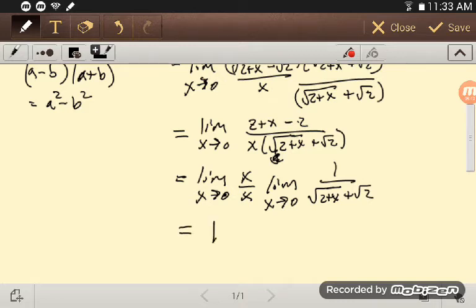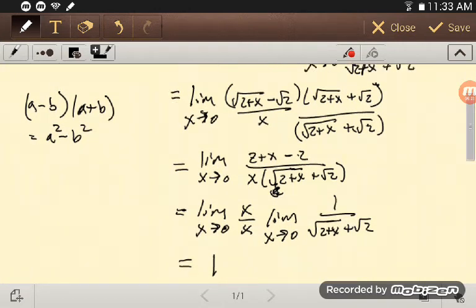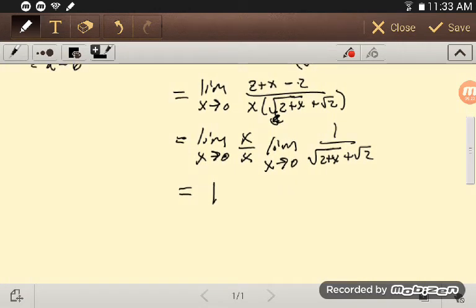So we use this nifty property of the multiplication twice. Once up here to put things together, and then once to break things apart again, once we've gotten them in some kind of form that we understand and like. Now I do my direct substitution here, and I get 1 over the square root of 2 plus the square root of 2.